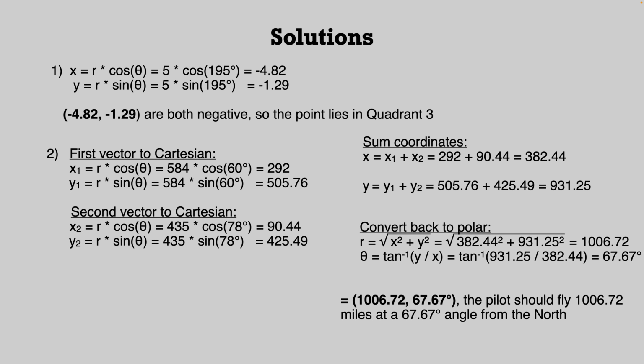And then lastly, convert that back to polar using the formulas we showed from earlier, where the r is the square root of the x squared plus the y squared from our Pythagorean theorem, and then our theta is our inverse tangent of y over x. And that leaves us with that the pilot should fly 1,007 miles at about a 68-degree angle from the north.